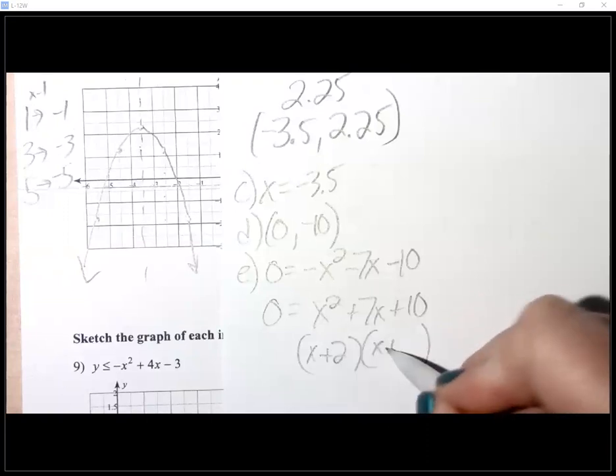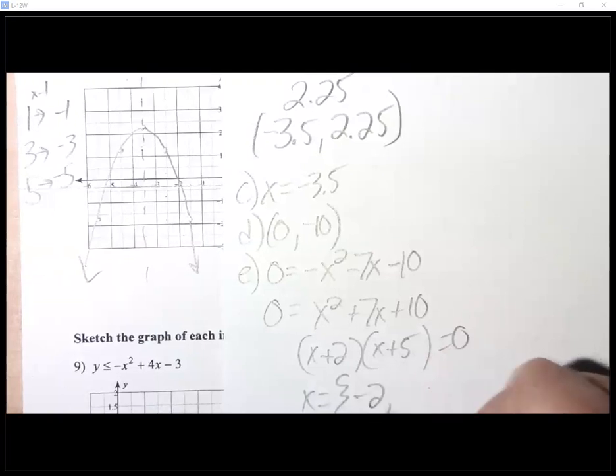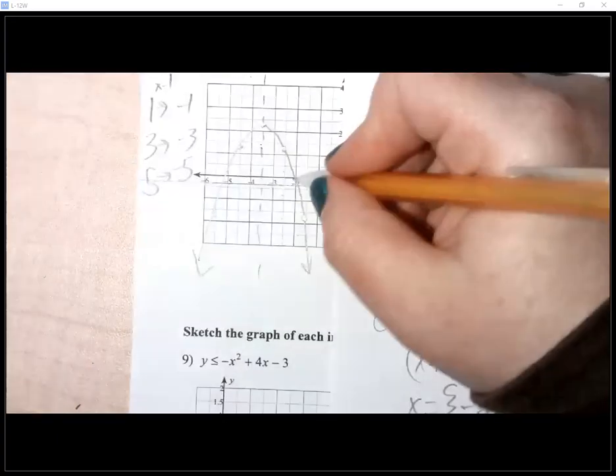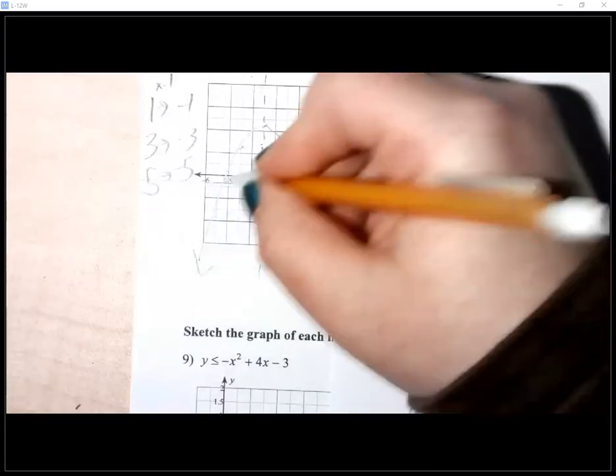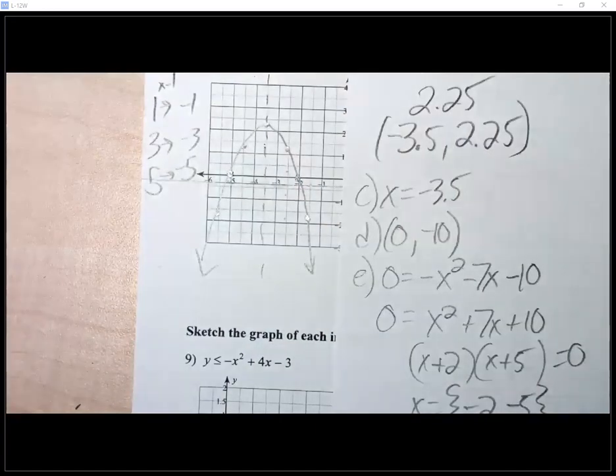Which means my zeros are actually at negative 2 and negative 5. So let's go to my graph, make sure that I'm crossing at negative 2 and negative 5. Yep, ding, ding, ding. I drew my parabola a little wide, but not bad. Everything is coming up roses. And there we have it. Any questions on this part?